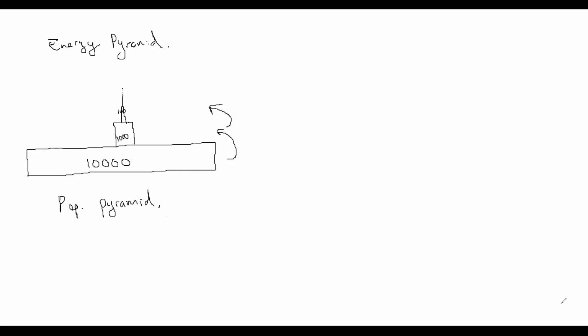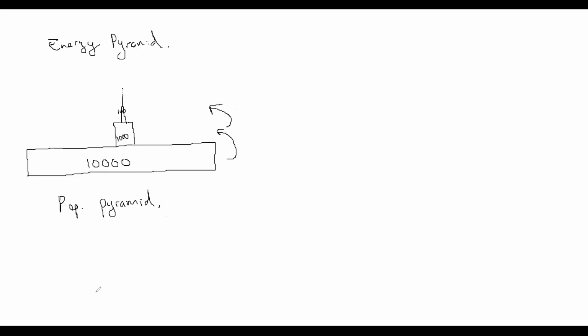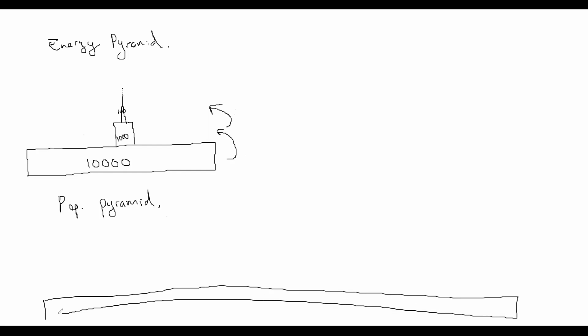So my previous example of grass to grasshopper to frog to snake to hawk, it would be grass, lots and lots of it, millions of grass, okay? Which gives us a decent number of grasshoppers.